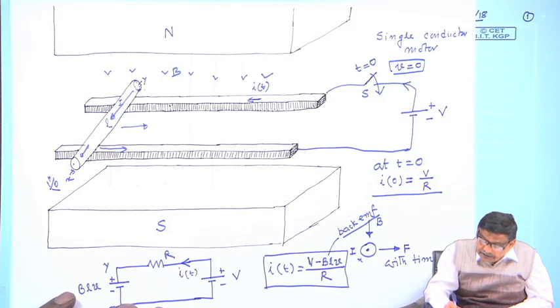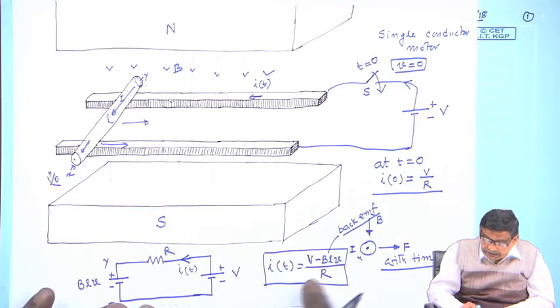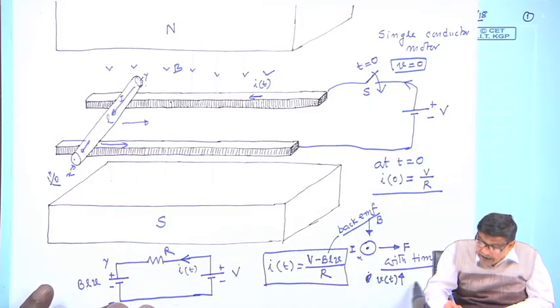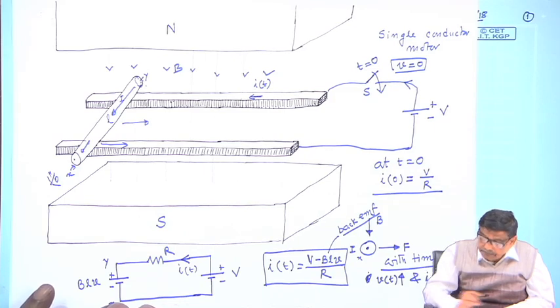I am confident, without doing any mathematics, only by looking at this expression, that v(t) will go up and i(t) will come down.